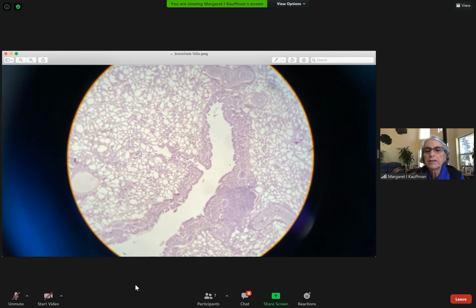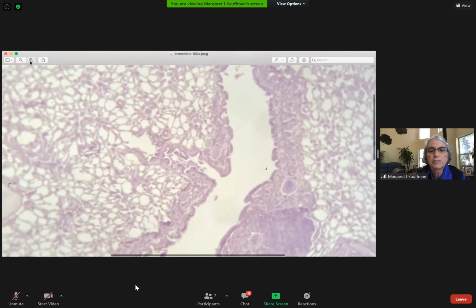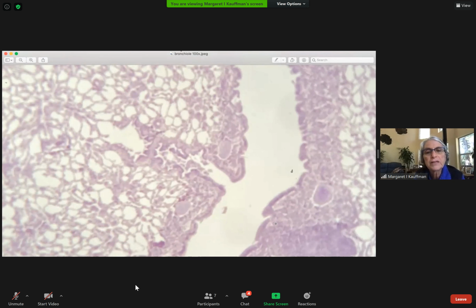There's going to be a lot of muscle if we went higher. You see those little circular things. There's sometimes long, elongated fibers. And then it shows it branching off into a terminal bronchiole. It may not be good enough focus, but if we went up higher, yeah, it's not really good enough focus, and it's disrupted.